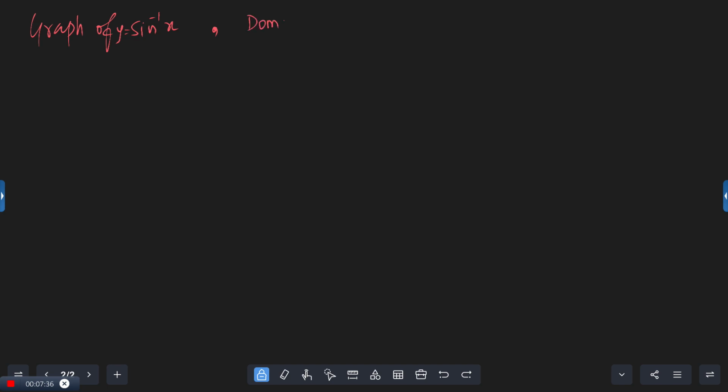Yes, very good, domain equal to minus 1 comma 1. What is the range? Yes, closed interval minus pi by 2 comma plus pi by 2. This is the general case, but when you draw the diagram you can take till 2 pi also, meaning one full rotation.